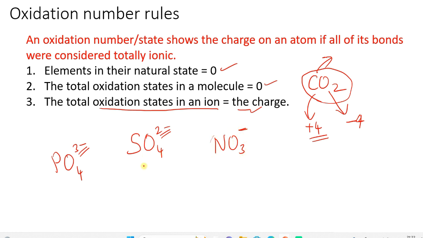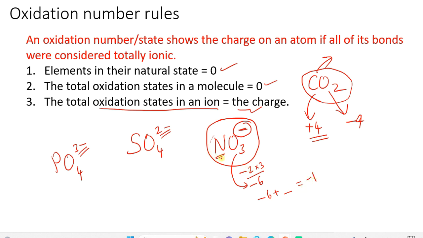Let me give an example. Let's take NO3-. So you have 3 oxygen atoms, and we know each oxygen's got a -2 charge. Times that by 3, so we have a total charge of -6 for these 3 oxygen atoms, and there is a total charge of -1. So -6 add something else, x, equals -1.